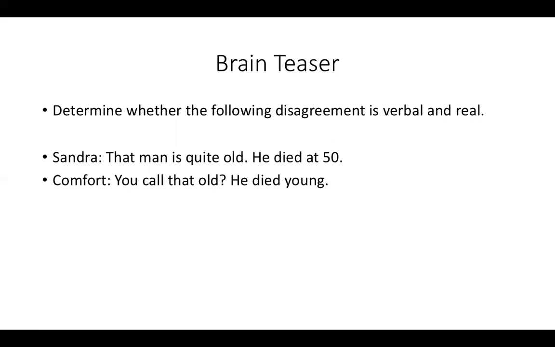When you say you believe that 40 years is old age, and someone says she believes that 70 years is old age, it might look like a value dispute, but it is a dispute about what old age means. So what is old age? That's what the dispute is about.